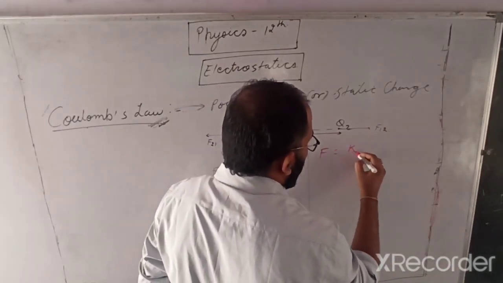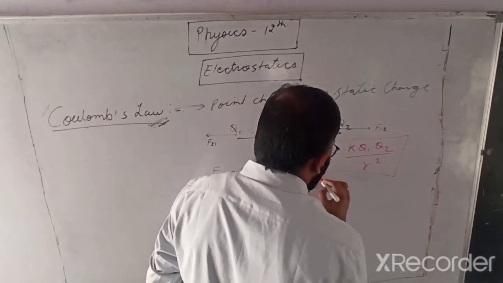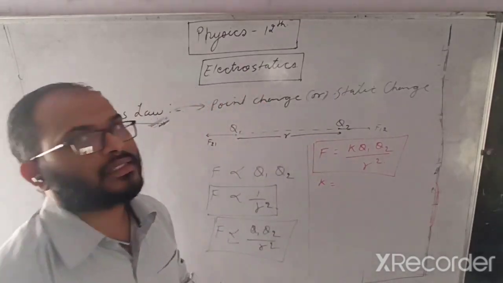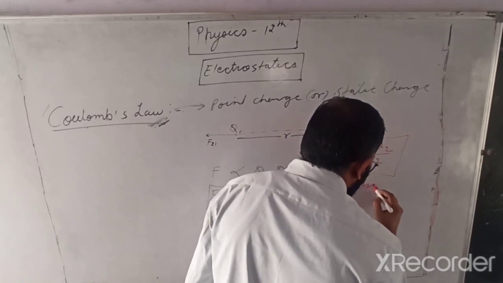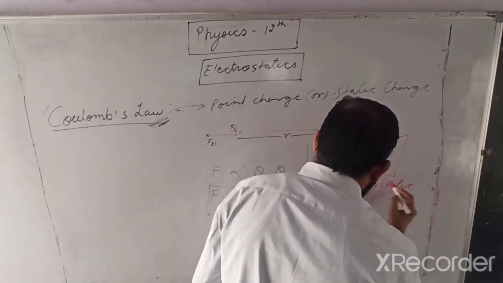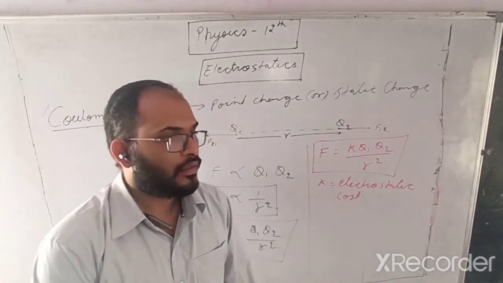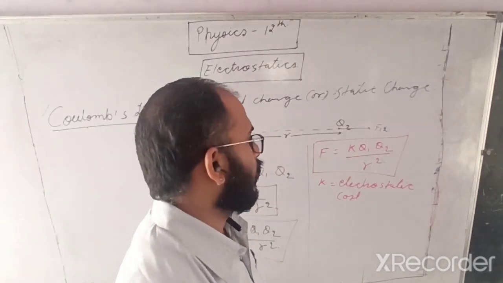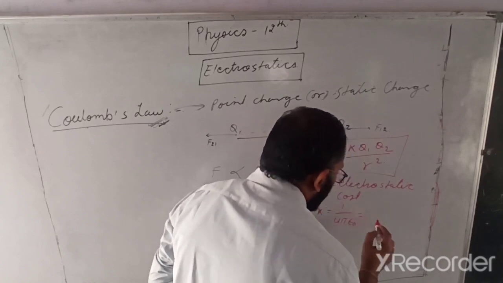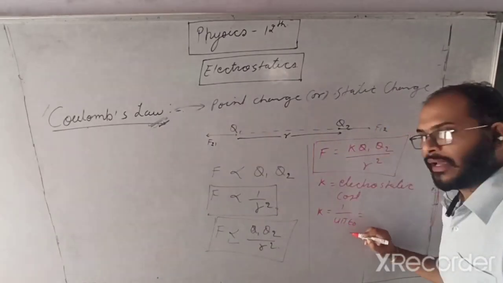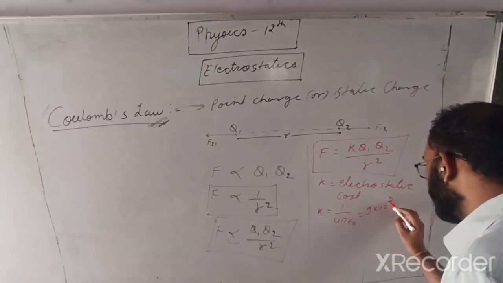F will be equal to K Q1 Q2 upon R square, where K is the electrostatic constant. K is the electrostatic constant which has a value of 1 upon 4 pi epsilon naught, which is equal to 9 into 10 to the power 9.